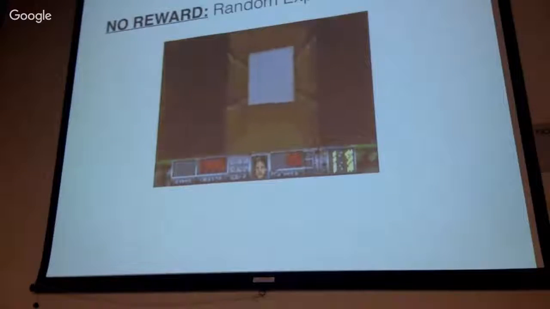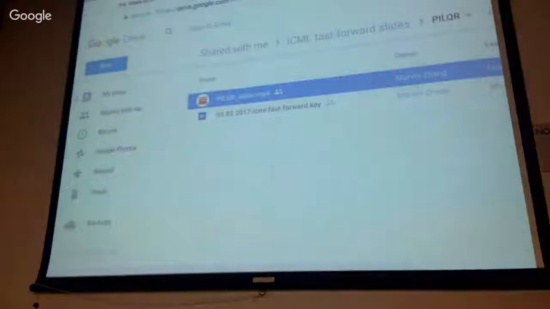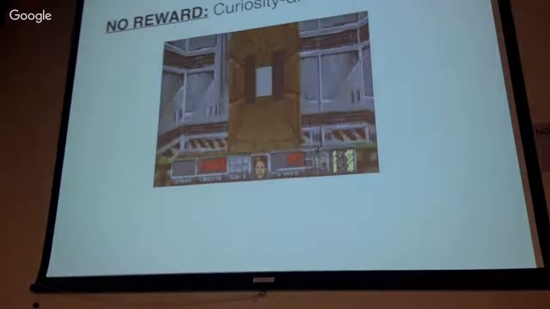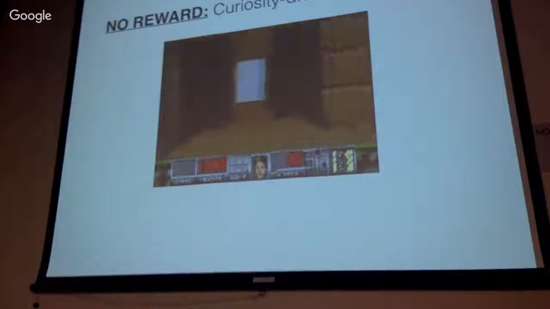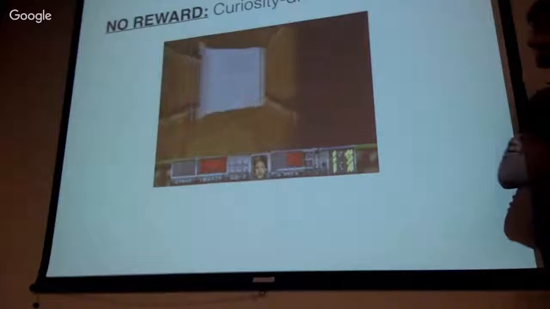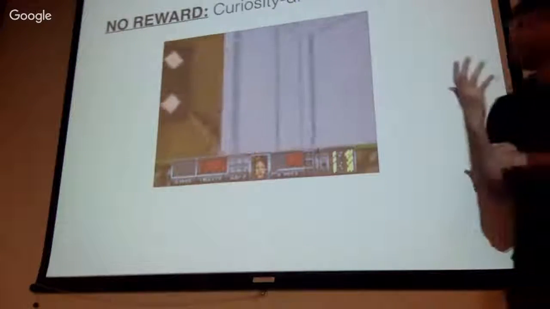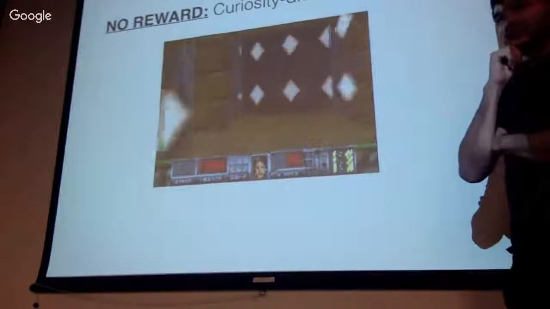Now we'll contrast this with an agent which was trained using a curiosity-based reward. As you can see, this agent can do navigation. It shows behavior which is representative of navigation without requiring any reward.